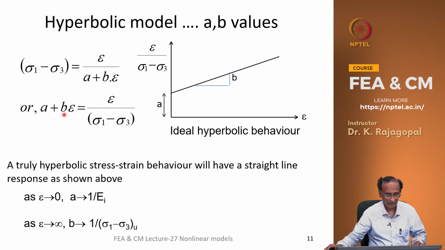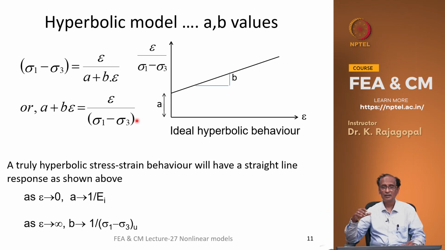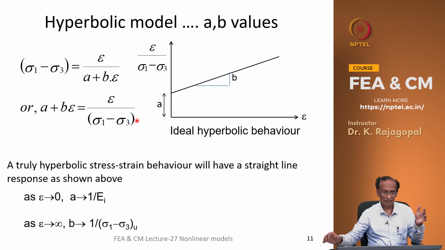As epsilon tends to infinity, the effect of A can be neglected, and on the right hand side you have epsilon by sigma 1 minus sigma 3, and that would be the ultimate, because we are dealing with the ultimate limit state, or very large shear strains.